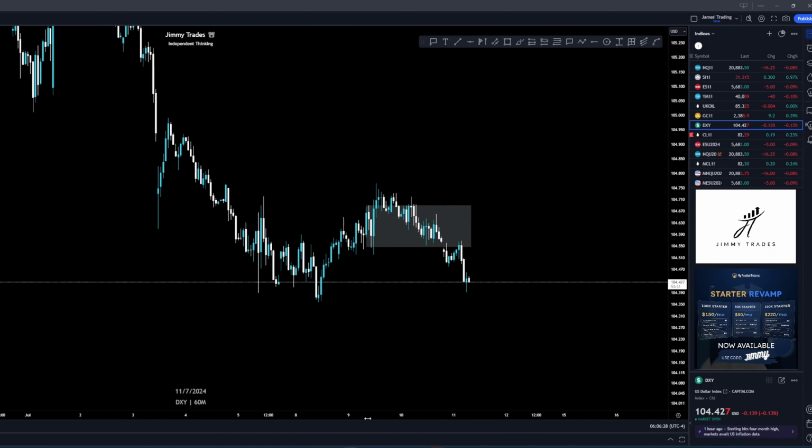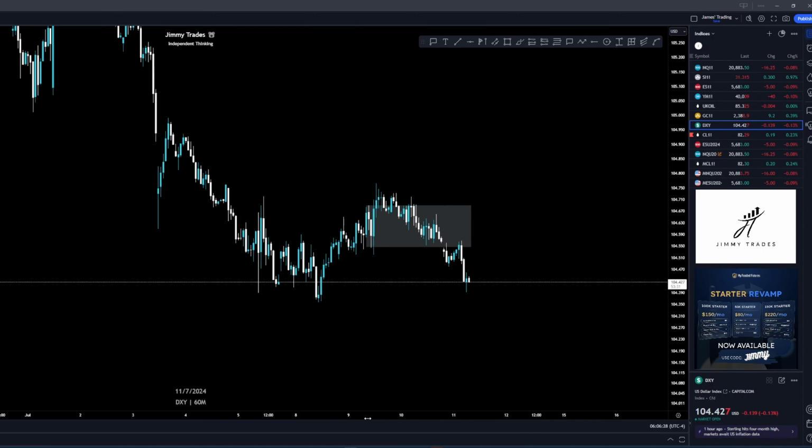Zoom out a little. So this is the low, that external level that we're looking at, but we do have some low resistance liquidity through this level here. So price may end up reaching for that as well.